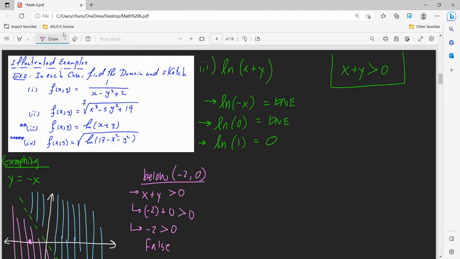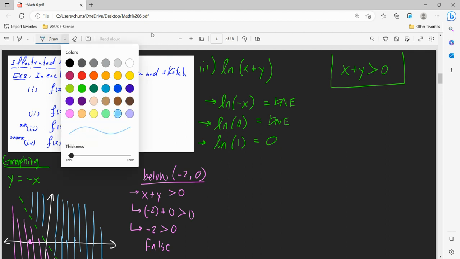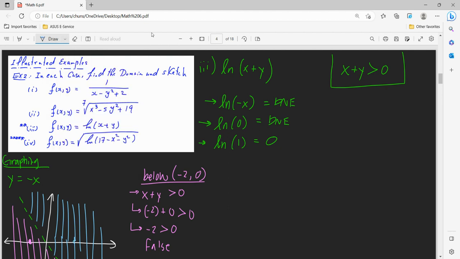If we did the same for above our curve, let's use test point positive 2 and 0. Then this becomes 2 plus 0 greater than 0, and 2 is greater than 0. So this is true.